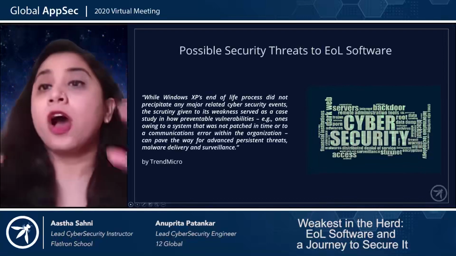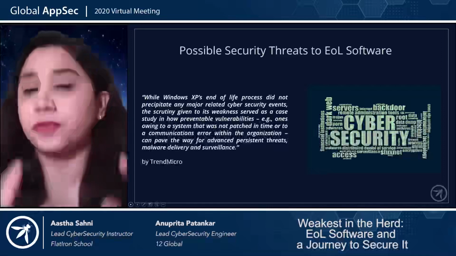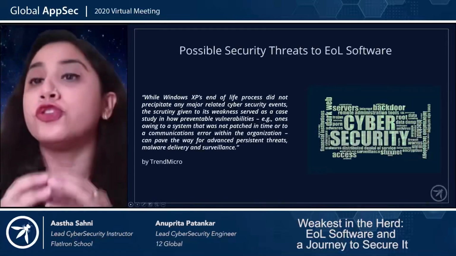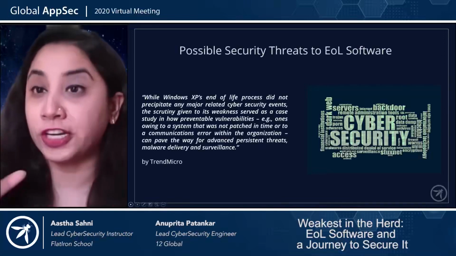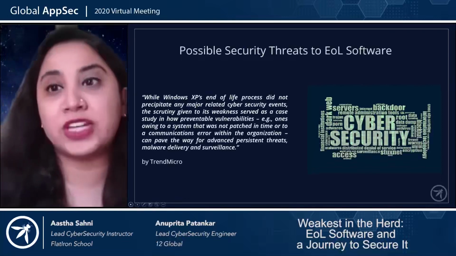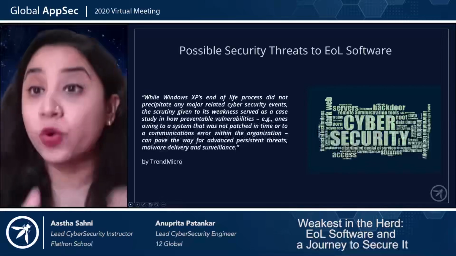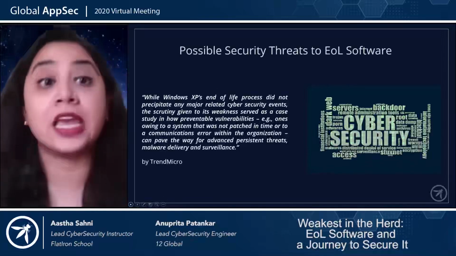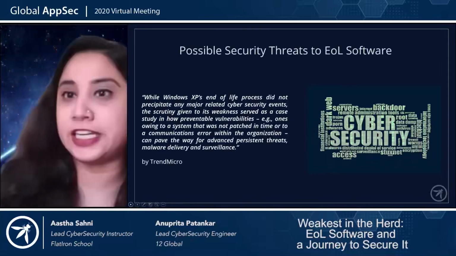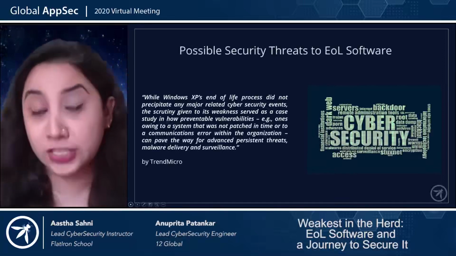What they're trying to mention here is, even though in 2015 Windows XP had become end-of-life software and there was no known cybersecurity threat, little did we know that when 2017 hit, cyber threat actors utilized one of the vulnerabilities in the Windows XP operating system and leveraged that vulnerability in the very well-known WannaCry ransomware in 2017.